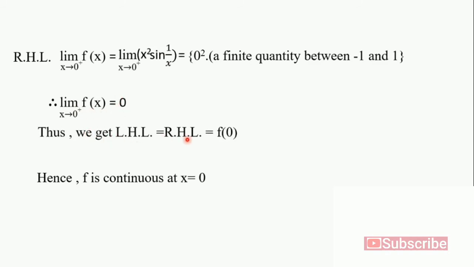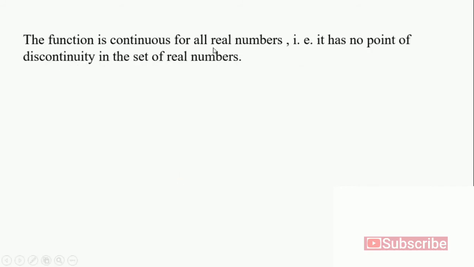We get left hand limit, right hand limit, and value of the function the same, which is 0. So f is continuous at x equal to 0, right? The function is continuous for all real numbers. So this function also has no point of discontinuity in the set of real numbers. Got it? Okay. Thank you.